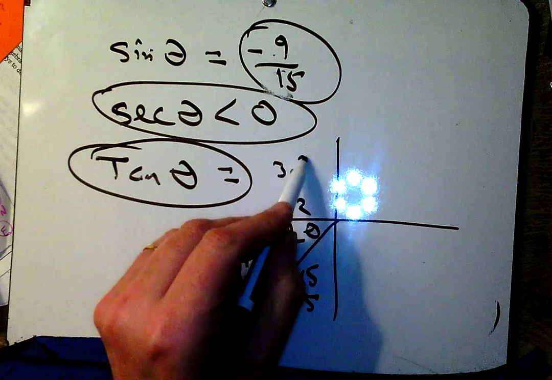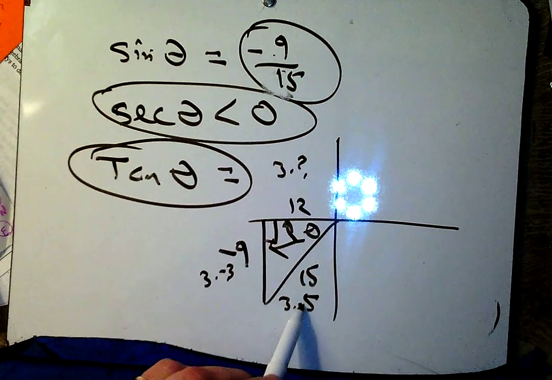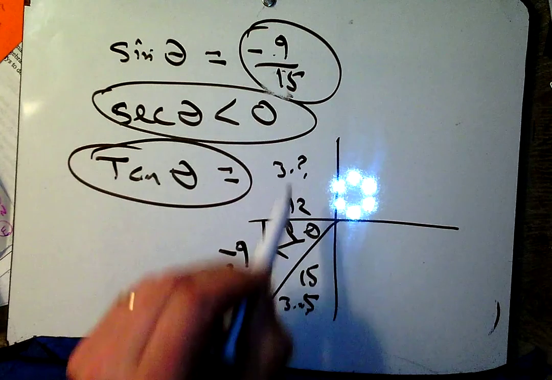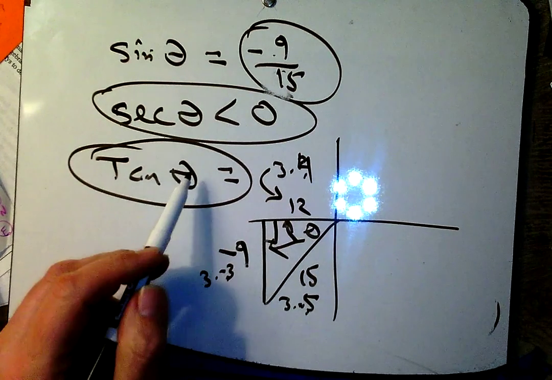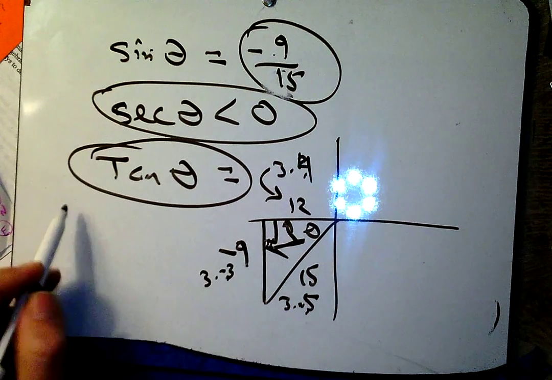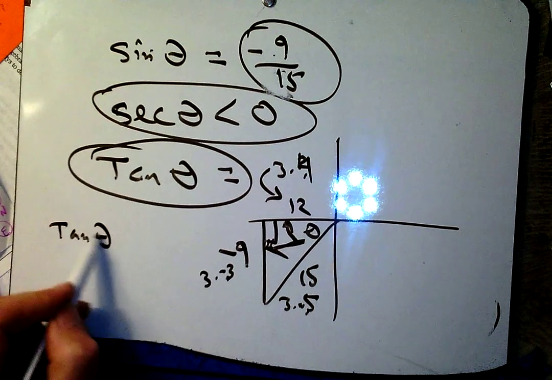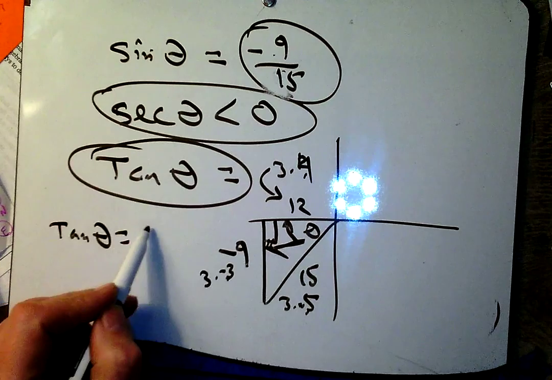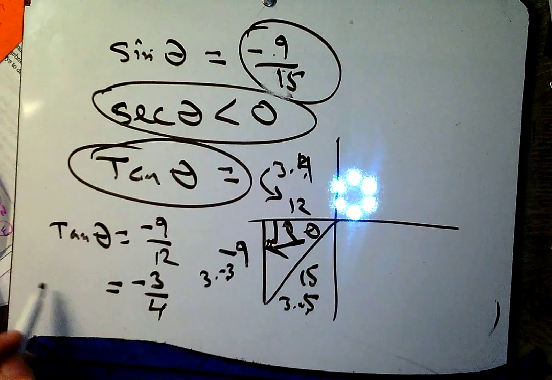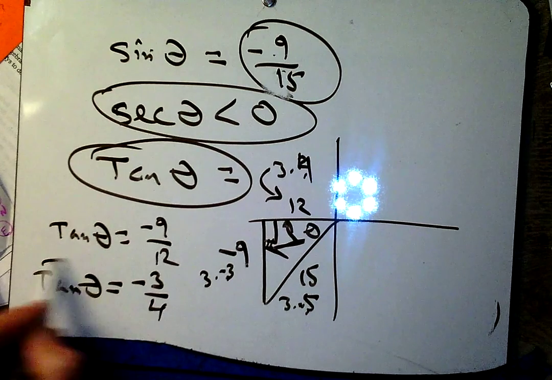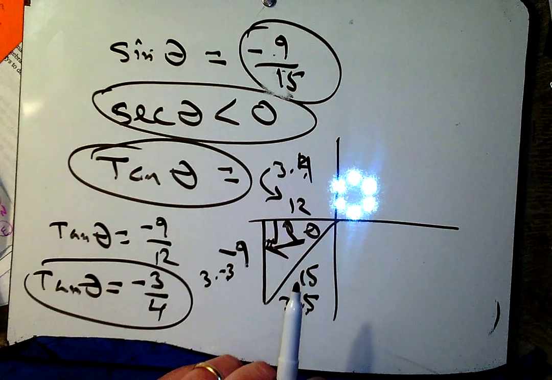And so this would be 3 times 3, 4, 5, and so this one is 4. That's how I got that 12. So my tangent, opposite, is negative 9 over adjacent 12, or negative 3 over 4. Ta-da! Good. Nice.